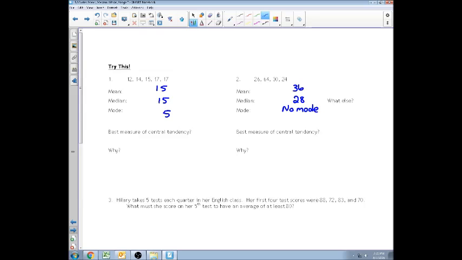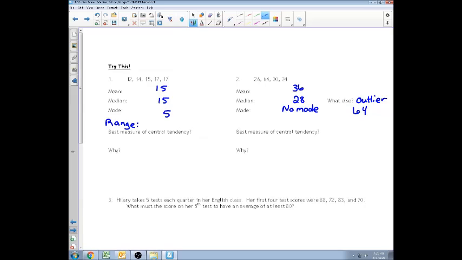What else occurs in number 2 though? That's what that little what else is talking about. I would say that there's an outlier. That 64 is pretty far away from 24, 30, and 26. So there's an outlier. I would say it is 64. One thing that's not on here that we really need to worry about is the range.